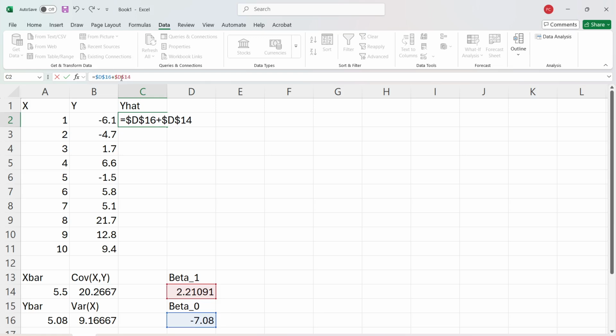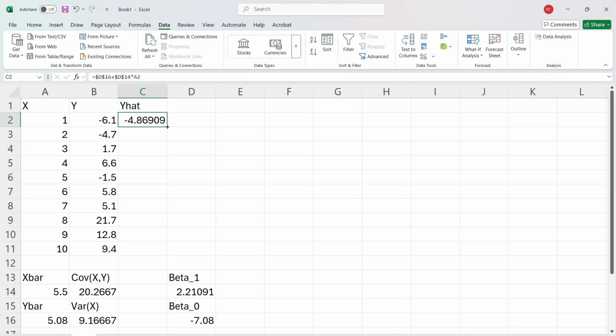Beta 1 times x right here. So just times 1 in the first case should give me negative 4.86909, which makes sense because that's minus 7.08 plus 2.21, okay?